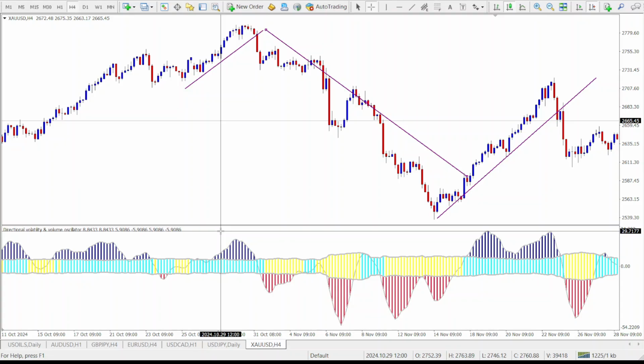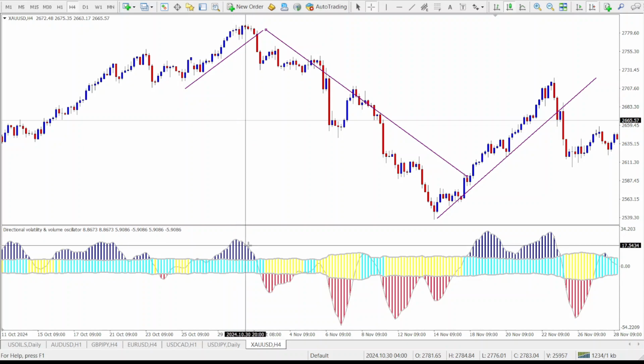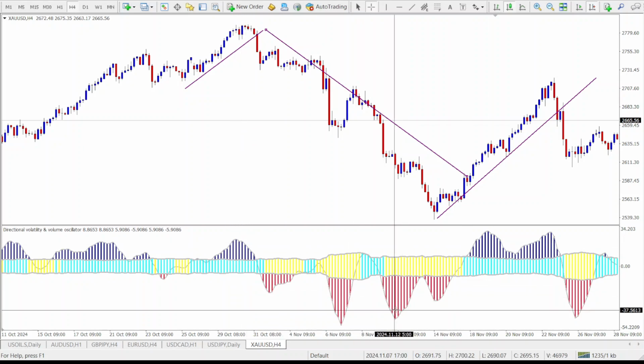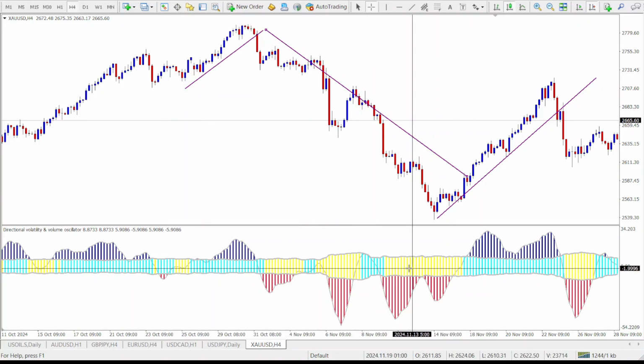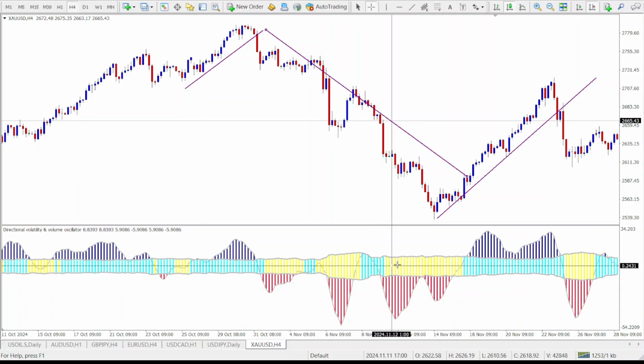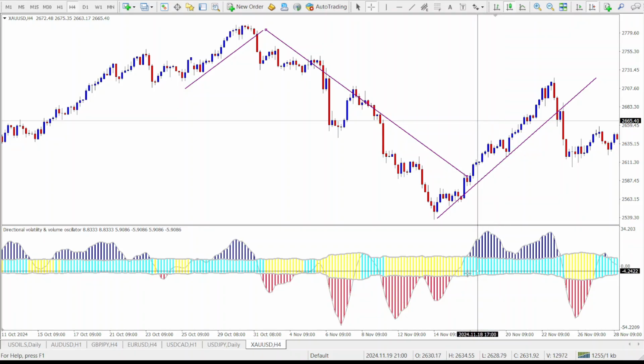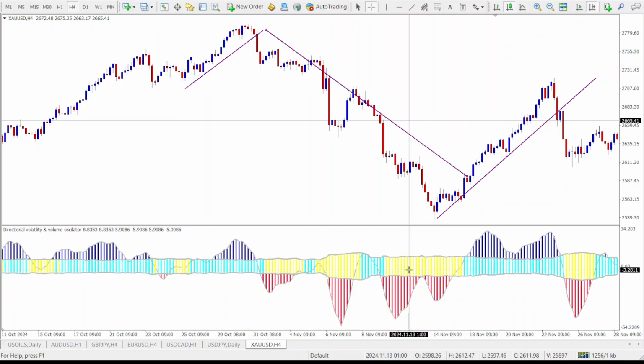Now, in order to avoid complexities, we're just going to be focusing on this and this, because if you look at these horizontal lines and the yellow and sky blue histogram bars within them, you will notice that using those for signals can be quite complicated, right?